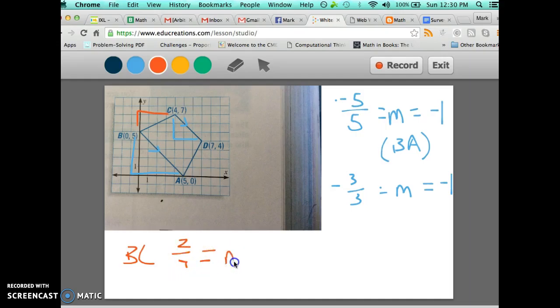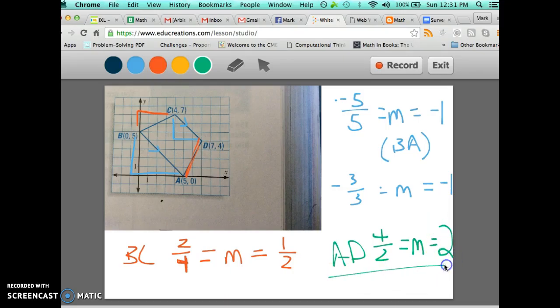AD better have a different slope, and sure enough, it does. AD is up 4 over 2. That's different, it's not the same slope. So that pair of lines, those are the legs, these are the bases, and this is a trapezoid. We just showed it.